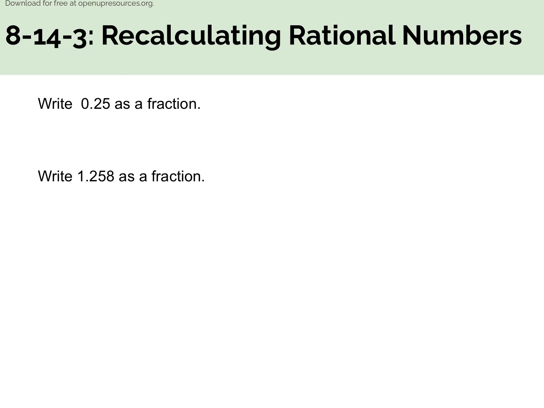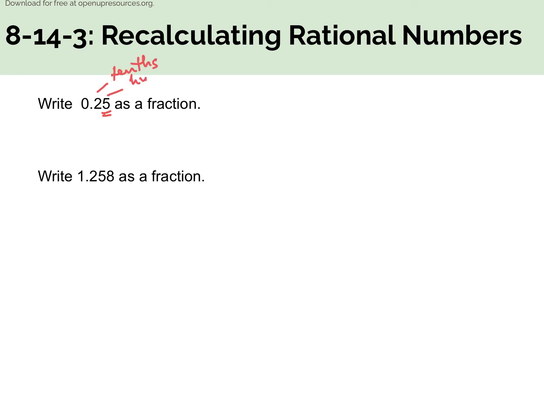So let's remind ourselves how to write decimals as fractions. We want to write 0.25 as a fraction. The easiest way is to notice where the end decimal is and what position that is. The first position is the tenths.